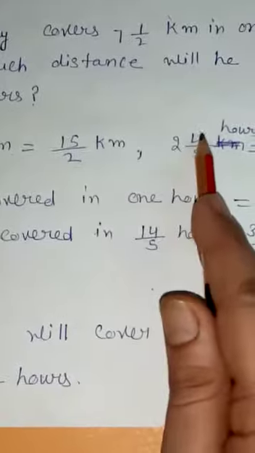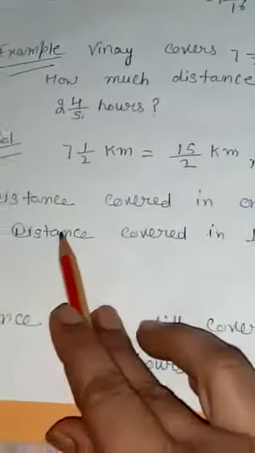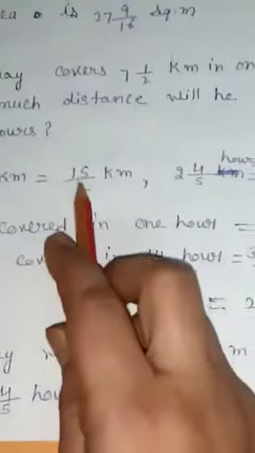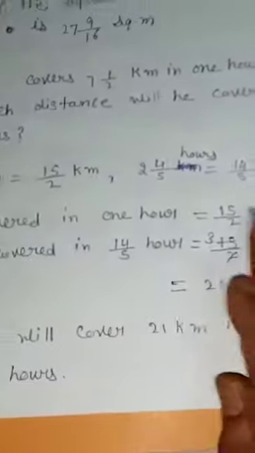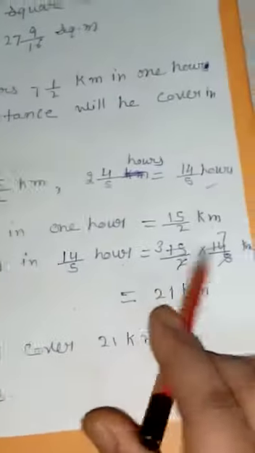And 4 4 by 5 hours can be written as 14 by 5 hours. Distance covered in 1 hour is 7 1 by 2, which can be written as 15 by 2 kilometer.